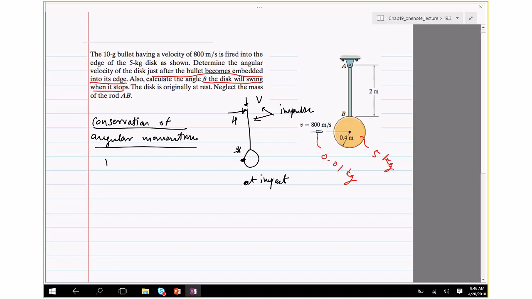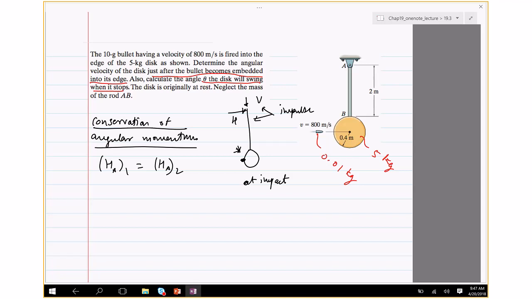Okay. H initial about A equals H final about A. Initially, the pendulum is at rest. The only thing which is going to have a momentum is the bullet.